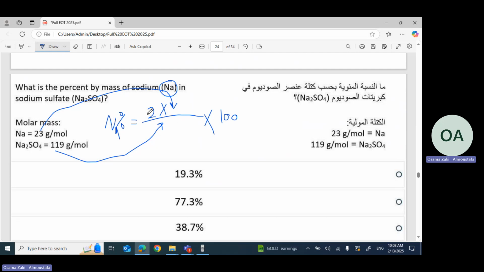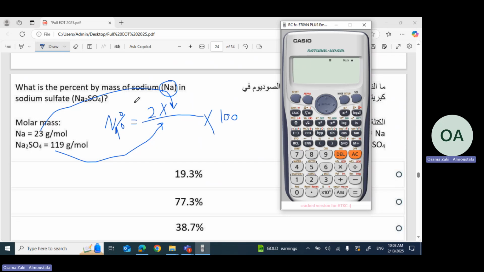Be careful, huh? Don't forget the subscript here. Because let's check. You will see. Here, for example, if you forgot the 2 here, what will you get? We will not write 2, we'll write 23. So 23 divided by what? 119. Then times 100 equals 19 point something. The option is written here. So this is not the correct answer.